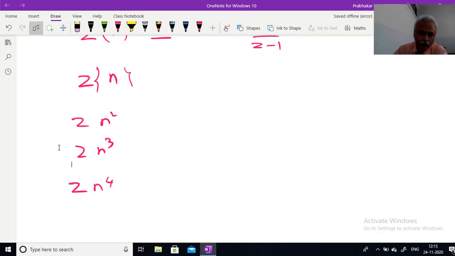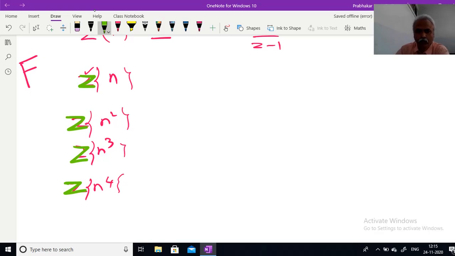So all these n functions, see once again I am telling, this z is not a z variable, just like the Fourier transform symbol. This is a symbol z, the symbol z transform, just like Laplace transform L. Unless we understand the symbol properly, we can't write.